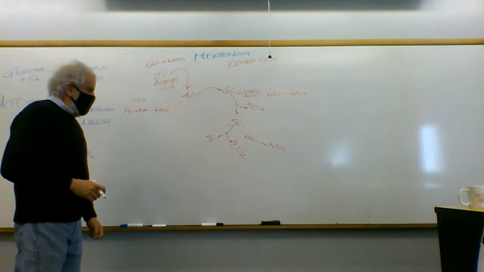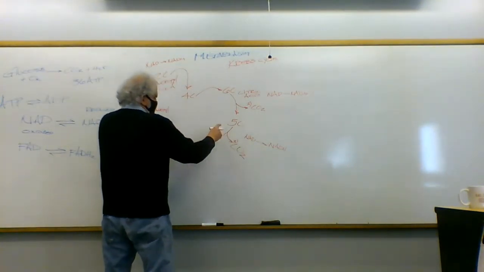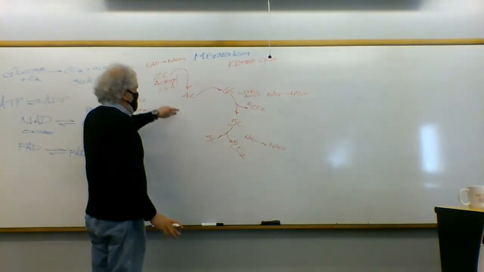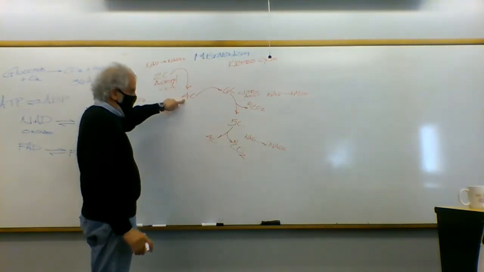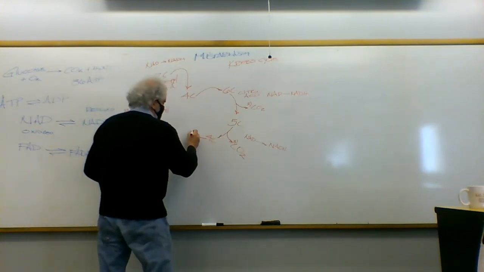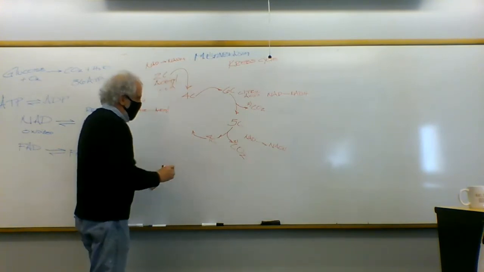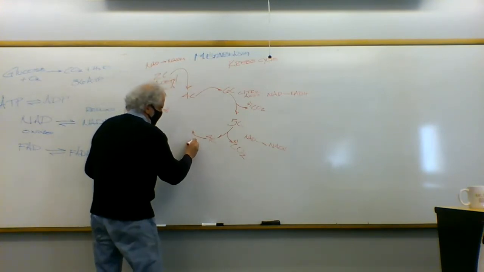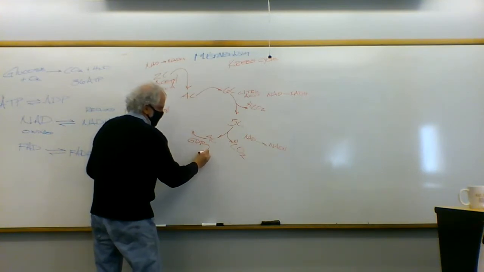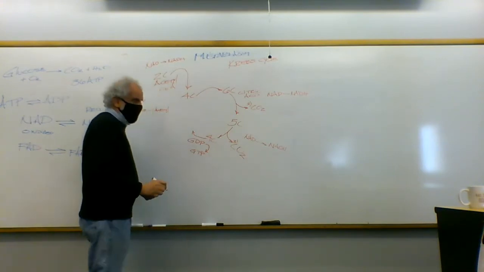All right. Now, the next step is really just to rearrange the bonds in this 4-carbon molecule to get back to our acceptor. But there's a little bit of energy left in here. We have a couple of things happening. We've got the production of a nucleotide triphosphate, that is, a GDP is being phosphorylated to a GTP.